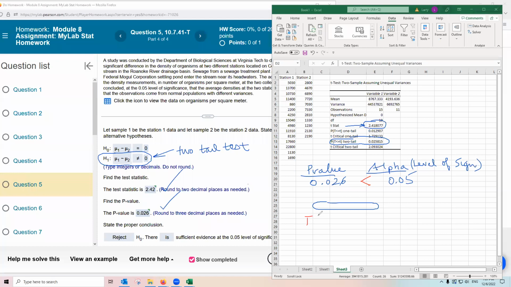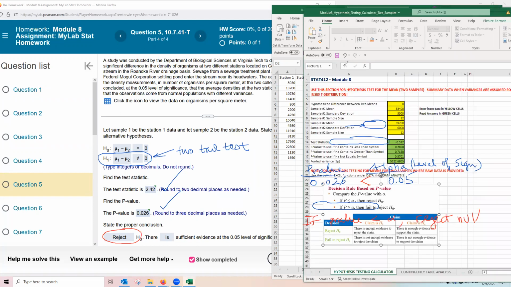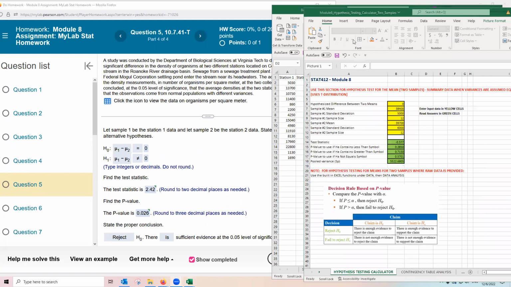Well, the rule is if the p-value is less than alpha, then you should reject the null hypothesis. So reject the null hypothesis. And if I go back to that table here, if you notice when you reject the null hypothesis, we say there is enough evidence. So there is sufficient evidence.